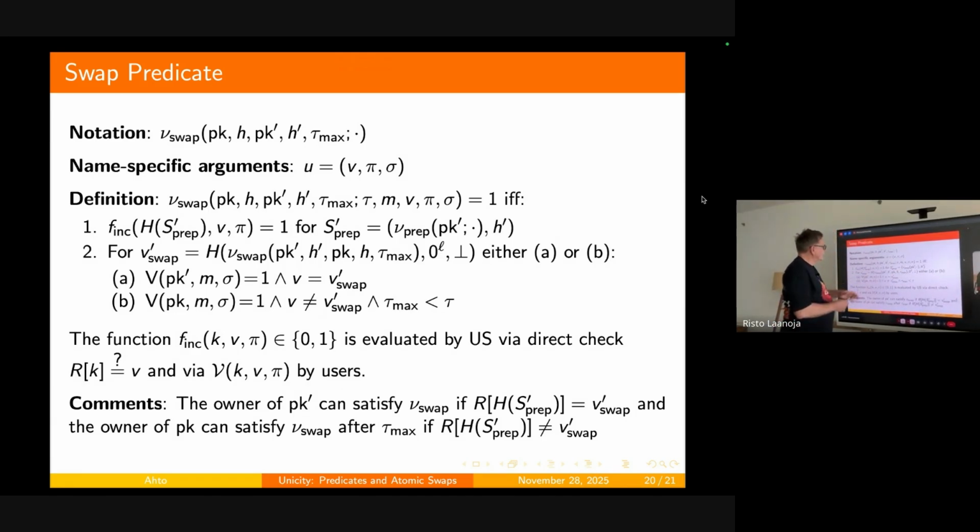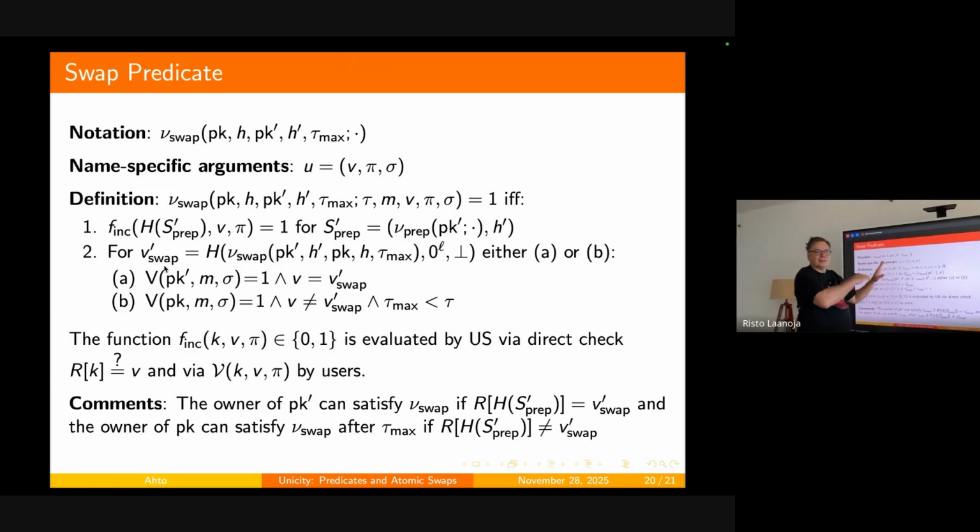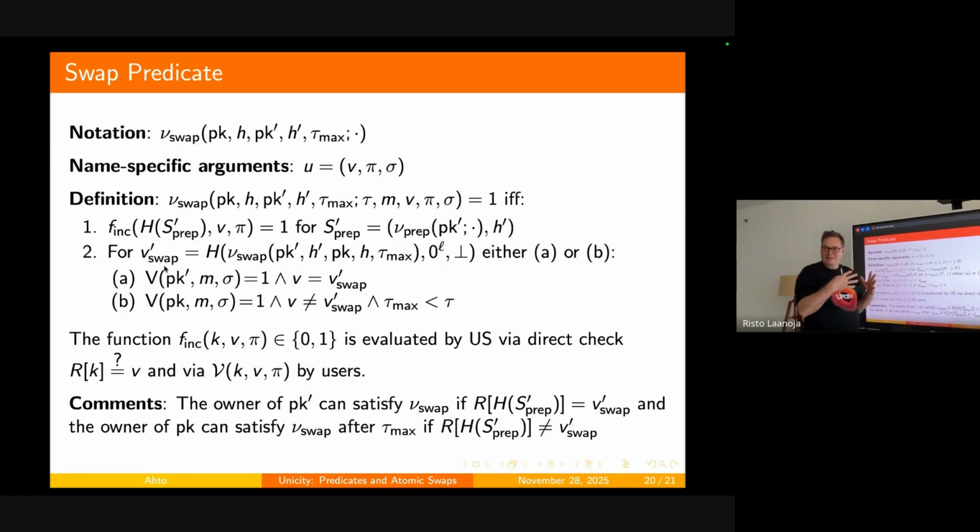This hash is basically the proper swap transaction with the arguments reversed. So it basically checks whether the other party has committed properly.